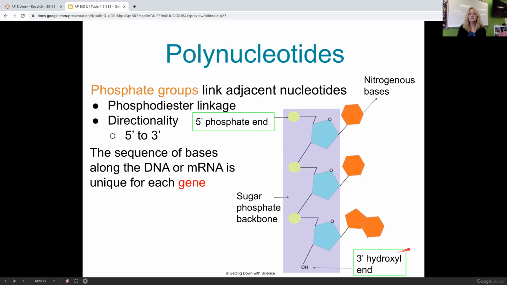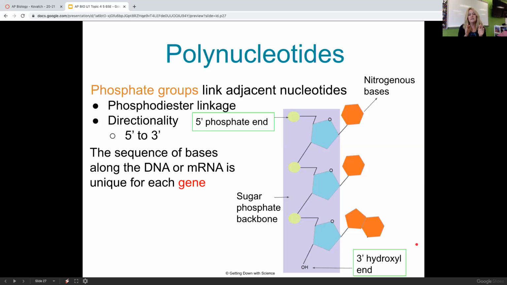The sequence of the bases along the DNA or messenger RNA is unique for each gene. Remember that the DNA holds all of our code of life. It has all of the messages there. So usually when a protein's being made, it just needs a little recipe from the big DNA recipe book.